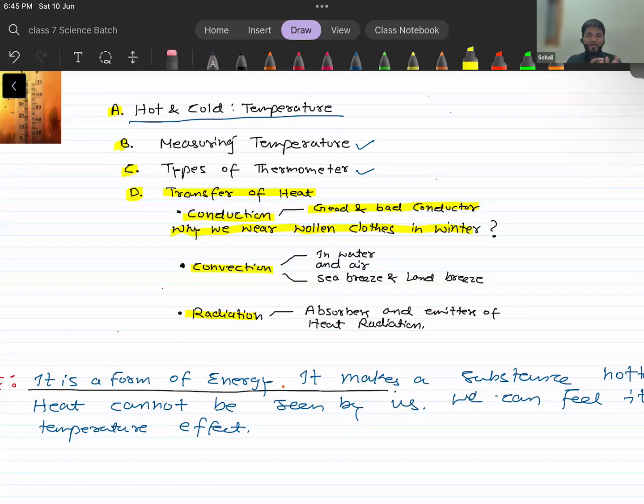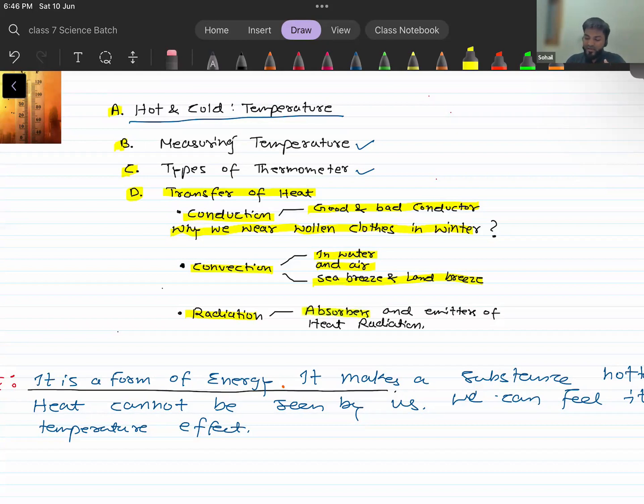Although heat can travel via air, you will learn about that in convection, where we'll talk about how heat travels in water and air, sea breeze and land breeze, and the role of air in making us feel warm during winters. Then the last topic of the chapter is radiation.